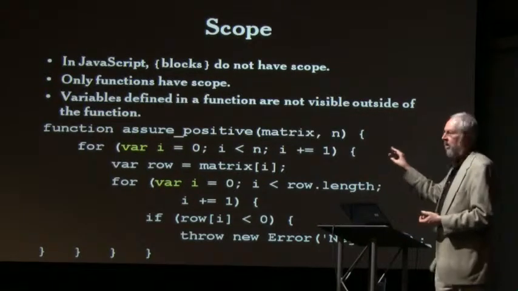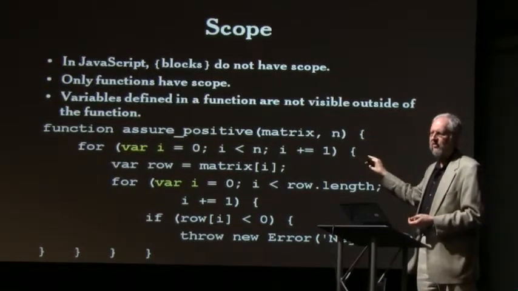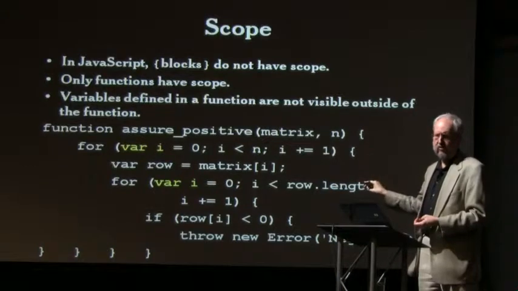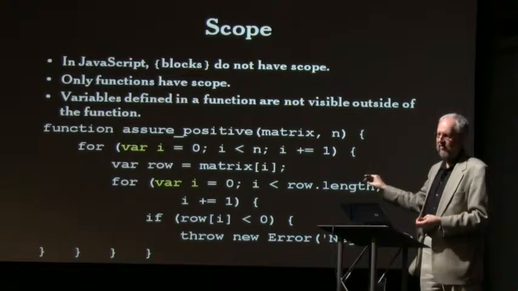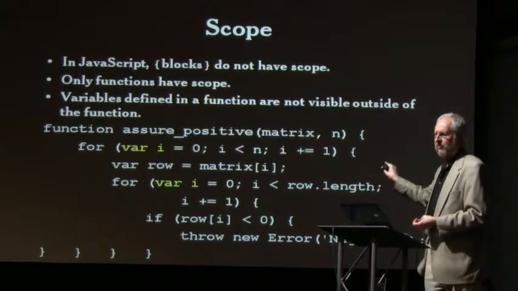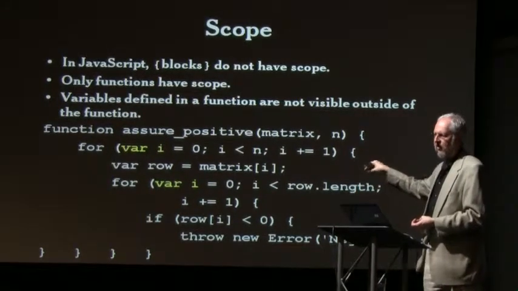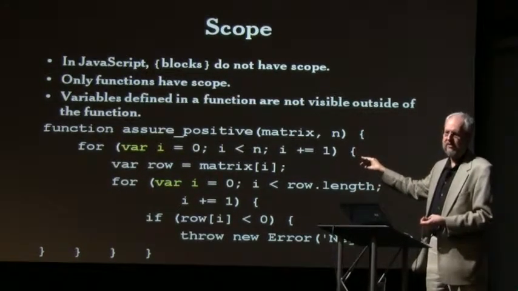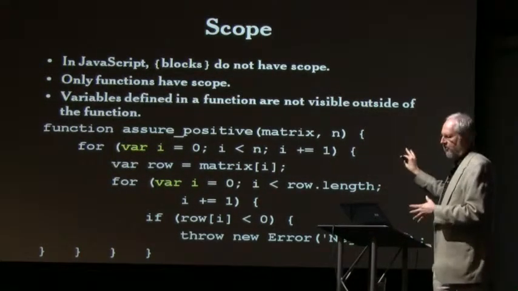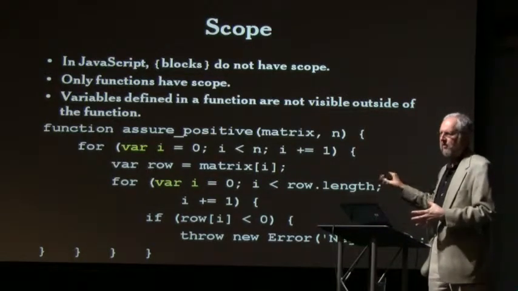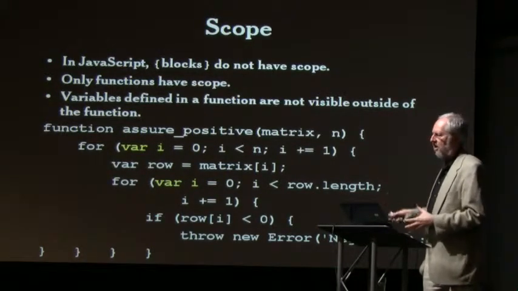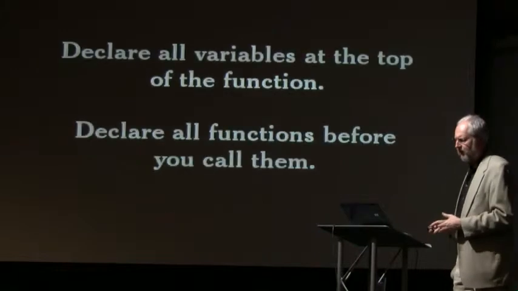And that's because the programmer thinks he's created two i variables, but in fact there's only one i variable. And so the inner loop is constantly resetting the i value so that the outer loop will never finish. So that's something to be aware of. In JavaScript, you can't be depending on block scope.